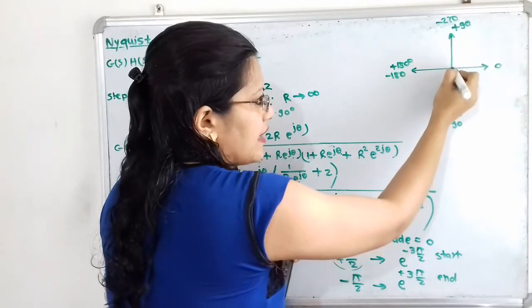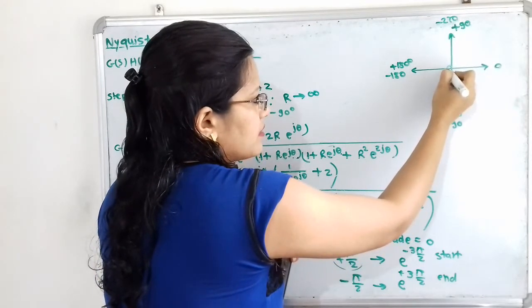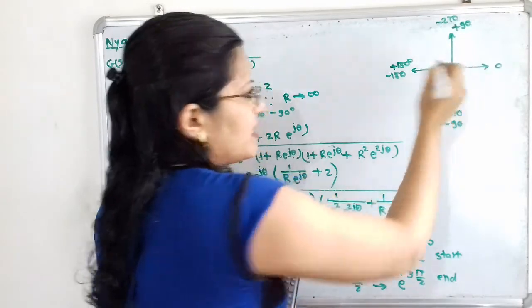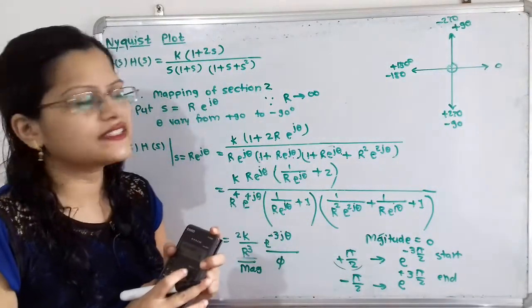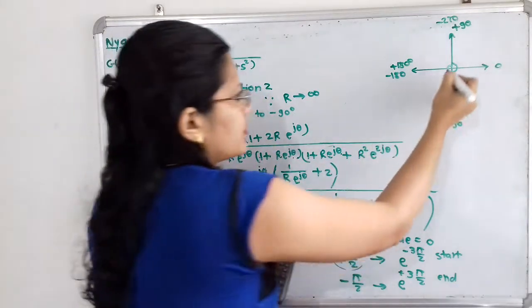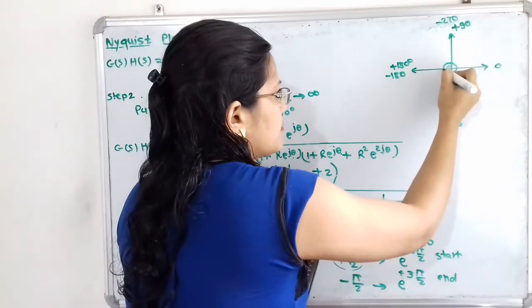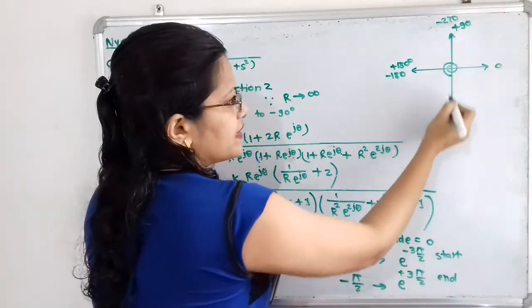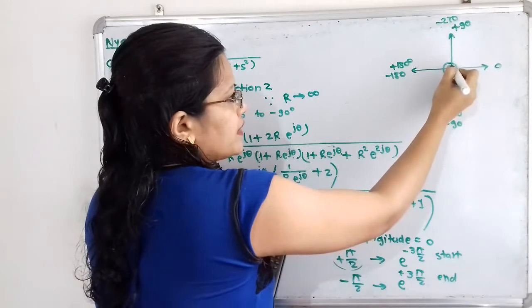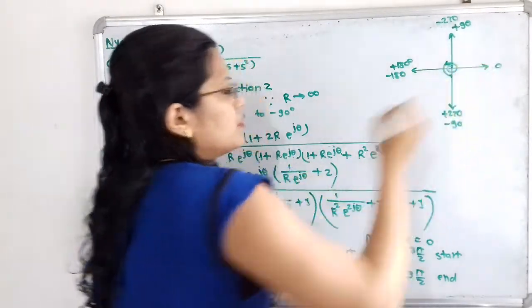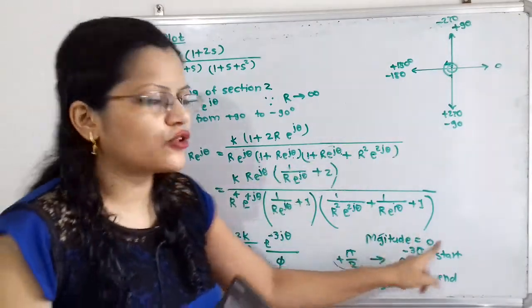So I have to start here, this very small circle. Here one round, that is total angle 360 degree is getting covered, but here 1.5. So again we have to draw half a circle, and at the angle of plus 270 degree it is getting completed. So here is the start point and here is the end point. So I will show an arrow also. So this circle is having 0 magnitude.